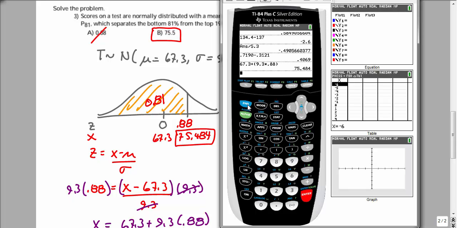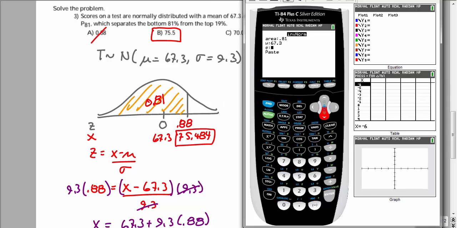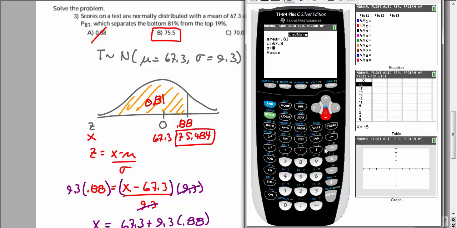On your calculator, you're going to use second DISTR, but now we're going to use inverse normal because we're given the area. So now the area to the left is 0.81 because we always work with the area to the left. The mean is 67.3, and the standard deviation sigma is 9.3, and that comes from what's given.